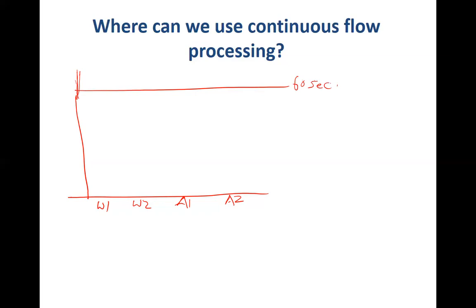Welding station 1 makes it in 39 seconds, so 39 seconds would be approximately here. This is the time it takes at welding station 1. Then we have welding station number 2, which takes 46 seconds, so maybe somewhere here. And then we have assembly 1, which takes 62 seconds.